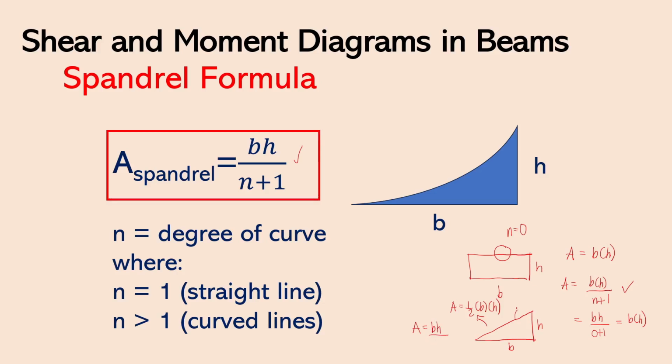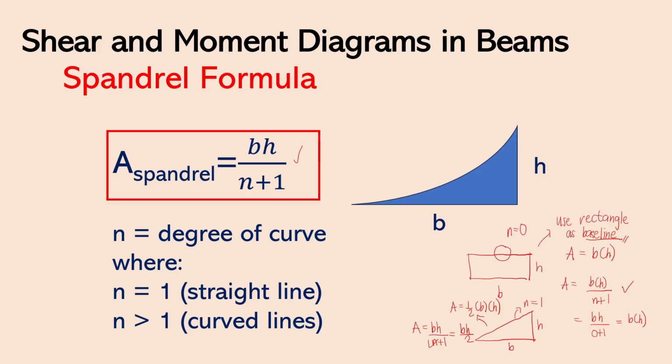Now, since this is already sloping, the n will be 1. And so, applying that here, we have BH over 1 plus 1, and so it becomes BH divided by 2. And so, this area comes from here. But if ever you forget, you can use the rectangle as your baseline.